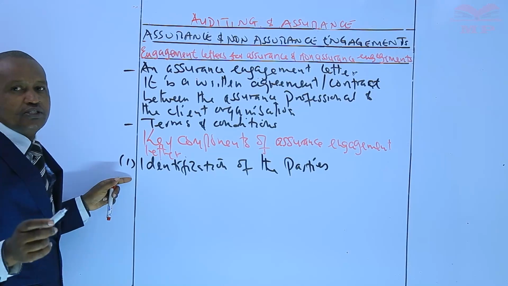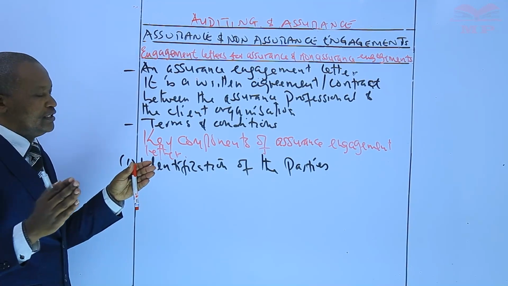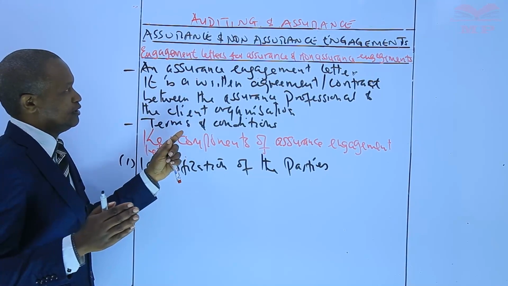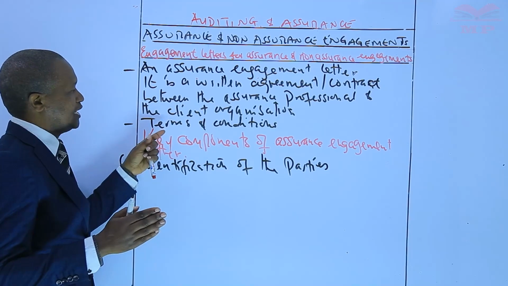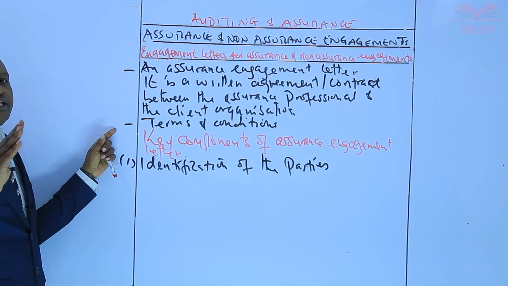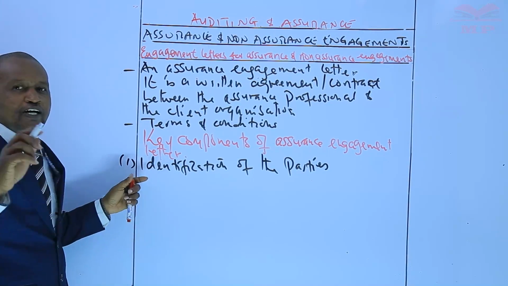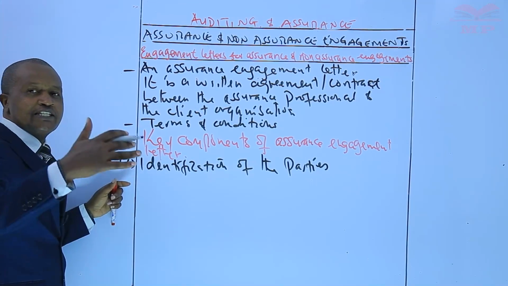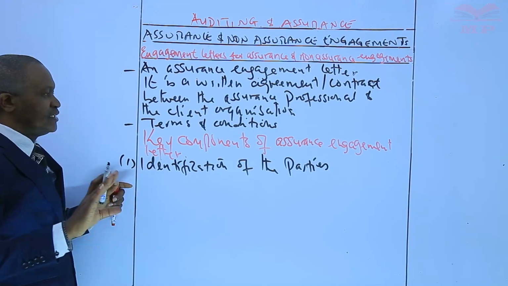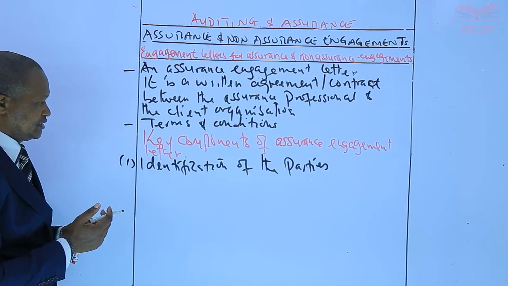Now, this includes the assurance professional and the client organization. The engagement letter identifies the assurance provider and the client organization, including their respective names, their addresses, and contact details.